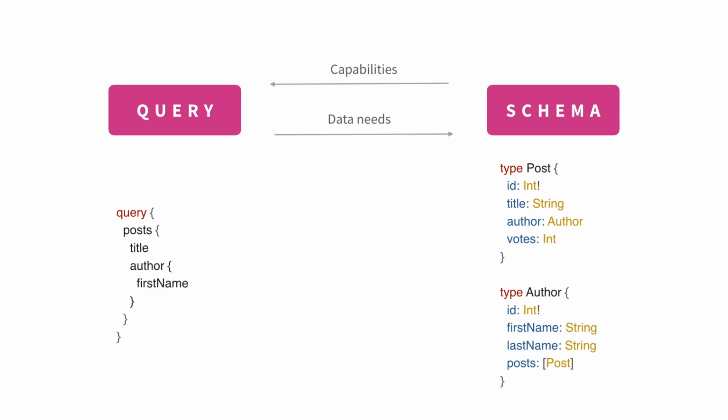Then we can say, OK, I want the author, and that's what I'm going to get. I'm going to get the author and the first name. So I'm able to explore down into that schema and also see the schema as a contract between client and server. So it's not just about performance and data fetching exactly what you need.